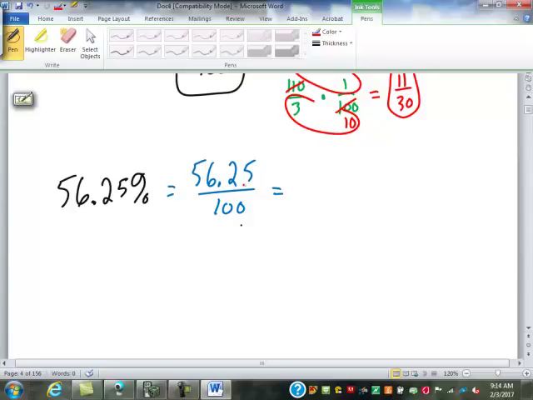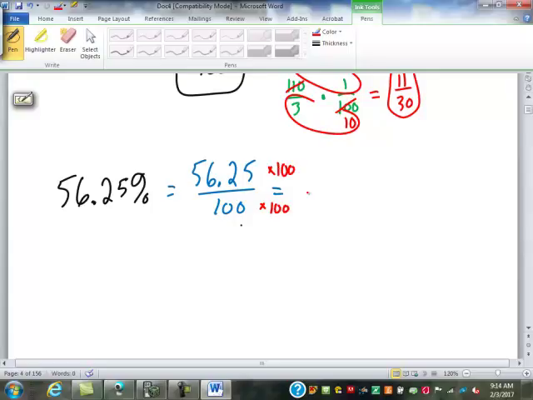So to get rid of that decimal, I'm going to have to multiply by something. Since that's 0.25, I could multiply by 4 and it would go away, but you might not see that. The easiest way to get rid of a decimal is to just go by the number of decimal places. If there's 1 decimal place, you multiply by 10 to get rid of it. If there's 2 decimal places, we multiply by 100.